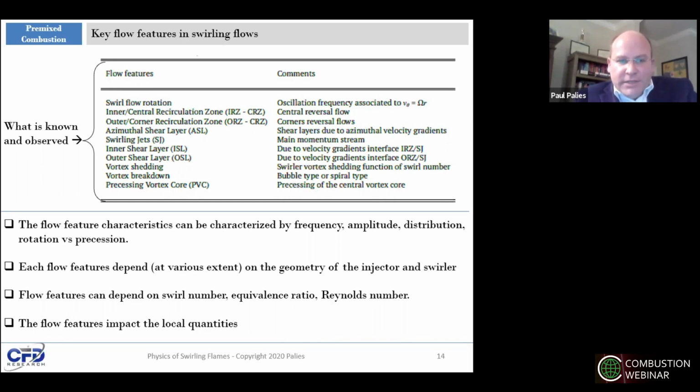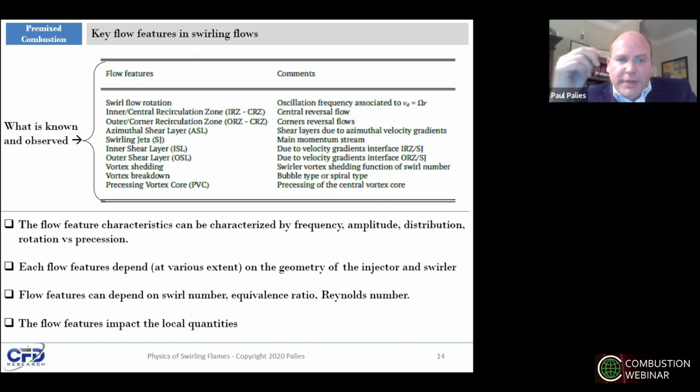And all these flow features can be characterized by their frequency, amplitude, distribution, and whether they only rotate or whether they precess. All flow structures do not necessarily precess.